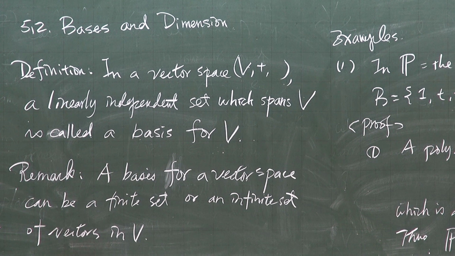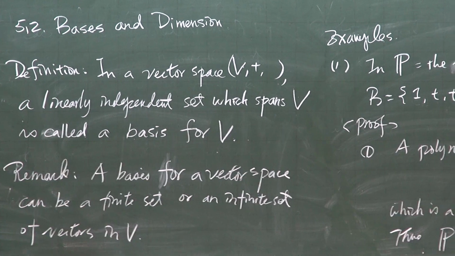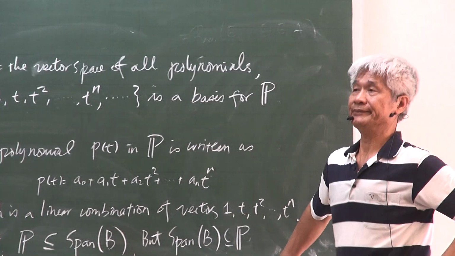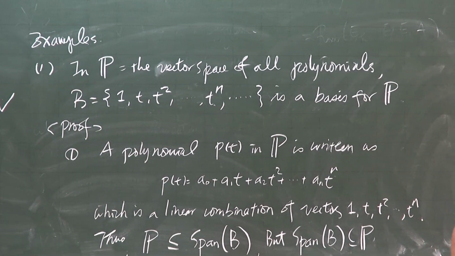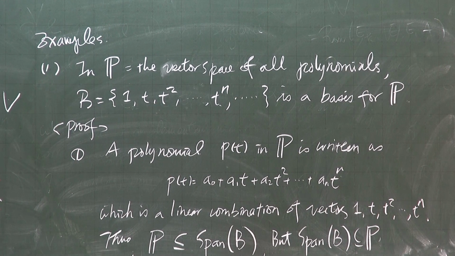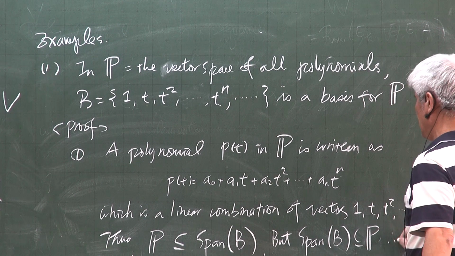But of course, the span of B must be a subspace of the original vector space P by Theorem 5.1.2, which we just proved before.